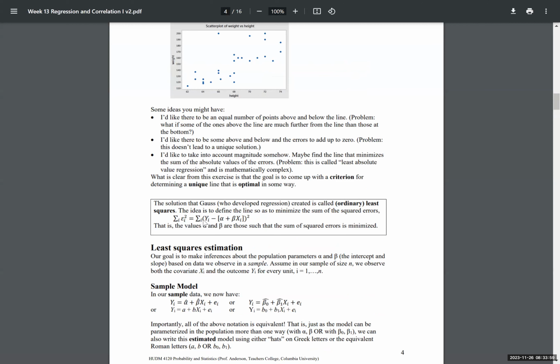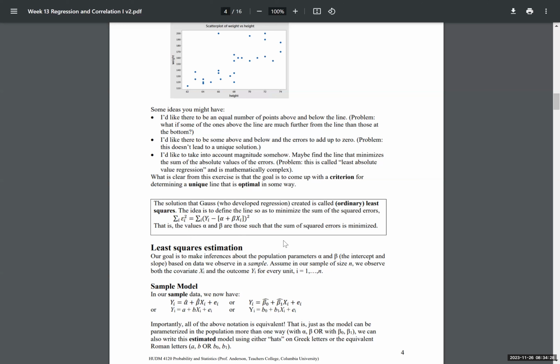So if I take yi and subtract the prediction, y hat i, and square that and sum it, that is the sum of the squared residuals, epsilon sub i squared. If I minimize this value, it leads to the optimal line of best fit.